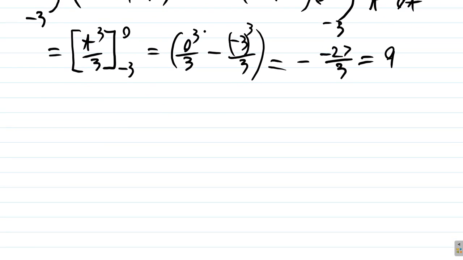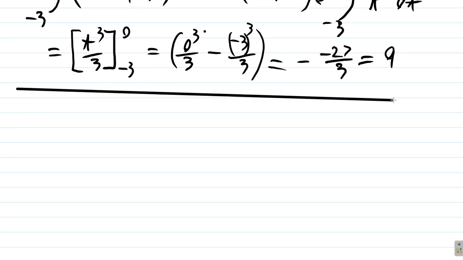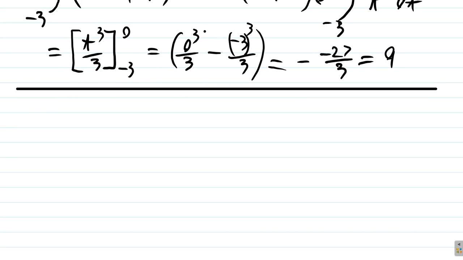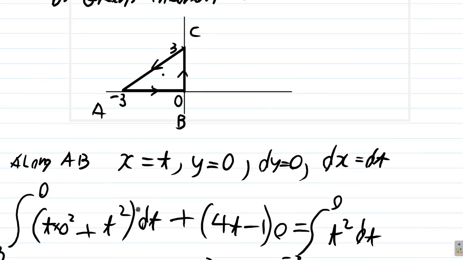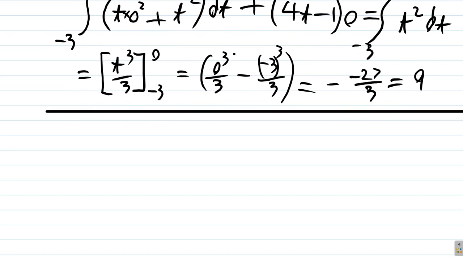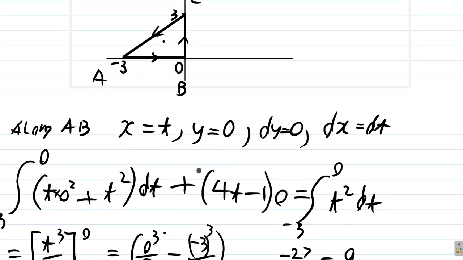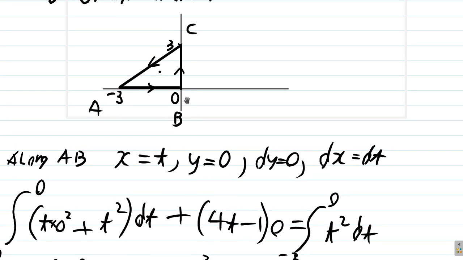Alright? Let me just draw a little line across. And then along BC. What's going to happen along BC? From B going up to C, you see that x is at 0.